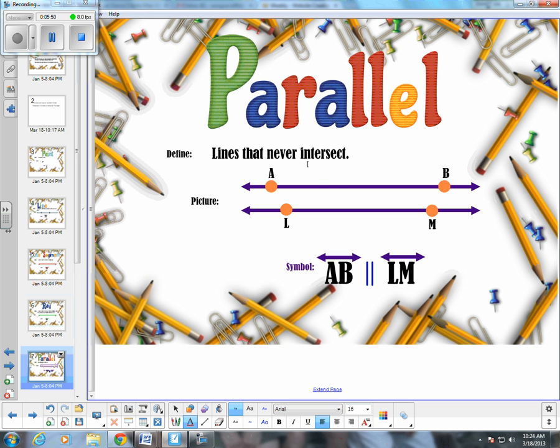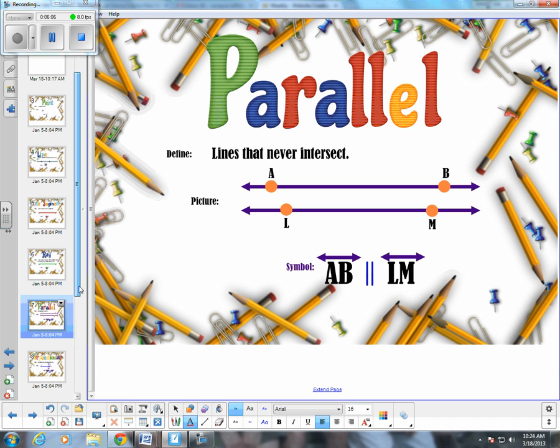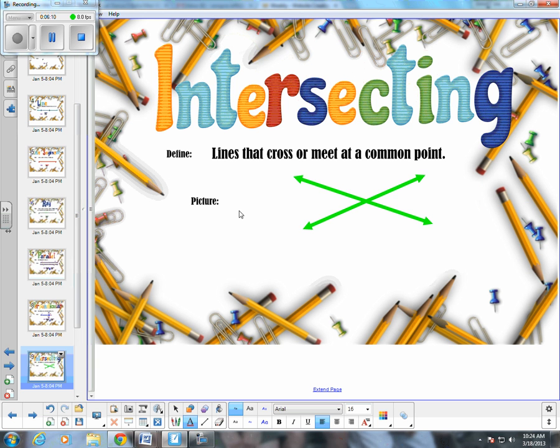Then we have parallel lines, and parallel lines never, ever, ever intersect. And so this is a symbol down here. The two lines right here notate that they are parallel lines. They're parallel to each other. And then our last one is intersecting lines. Lines that cross or meet at a common endpoint.